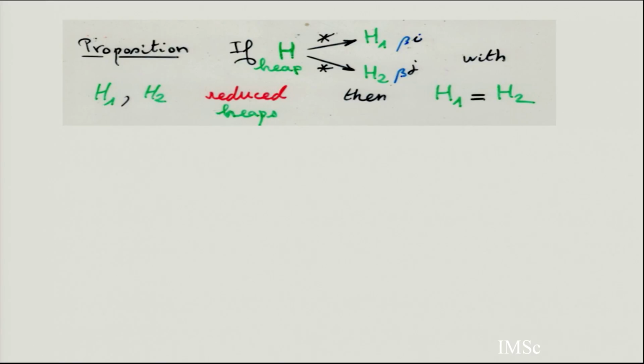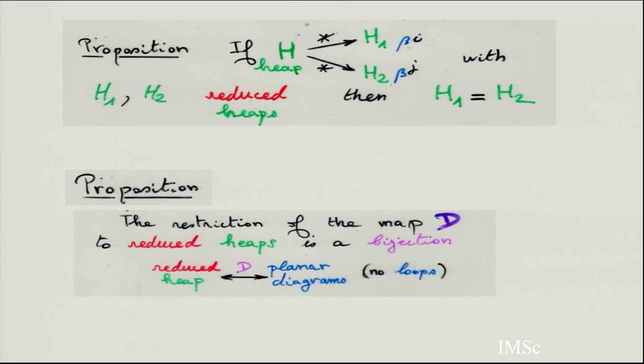So to prove this proposition, it will be a consequence of the following proposition, that the restriction of the map to reduced heaps is a bijection. If it's a reduced heap, then there is a bijection between reduced heaps and the reduced planar diagram.